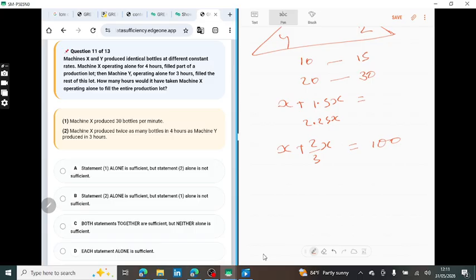Machine S produces 30 bottles per minute, but we don't know how many bottles they produce in total. If we knew how many bottles were produced in total, we could say machine Y produced the rest.